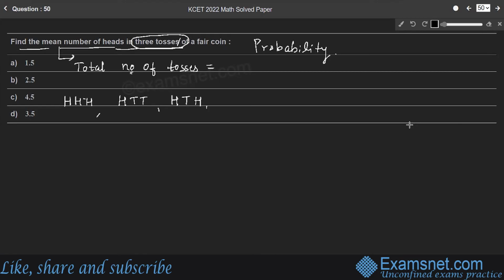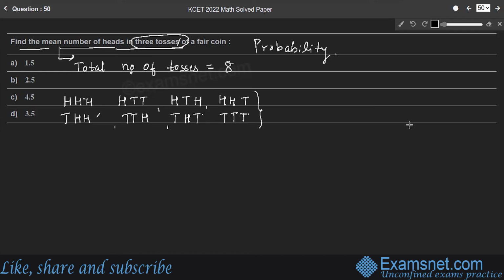Or the first 2 times head and the last time tail, or first time tail and the remaining 2 times head. Or first 2 times tail, last time head, or first time tail, second time head, third time tail. Or you may not get any heads. So these are the ways of tossing a coin 3 times. Therefore, the total number of outcomes is 8.